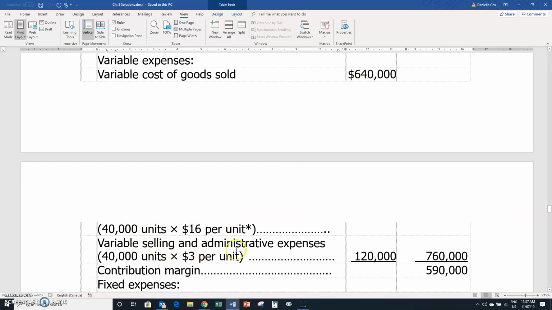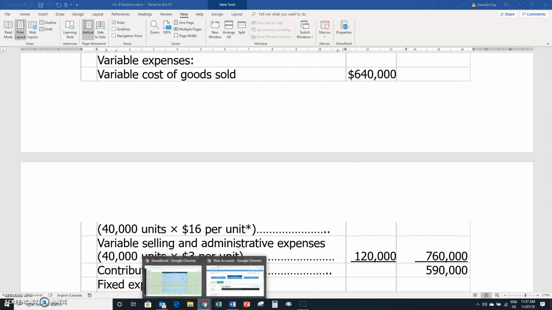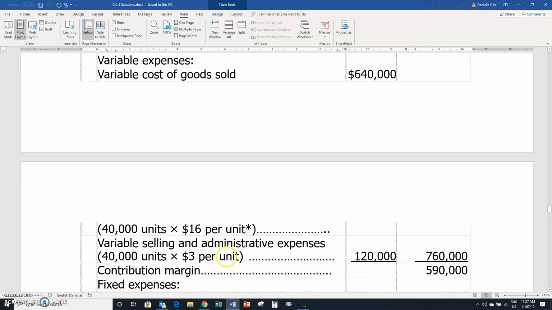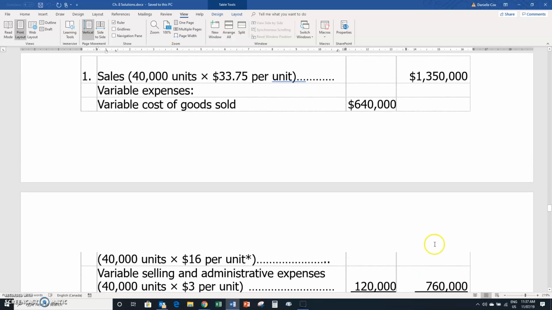And variable selling and administrative expenses, again, 40,000 units sold. But we're told in the question here that selling and admin expenses, $3 per unit sold in variable expenses. So that's where we get our 3, and we end up with 120,000. So the total then is 760,000 of our variable expenses.